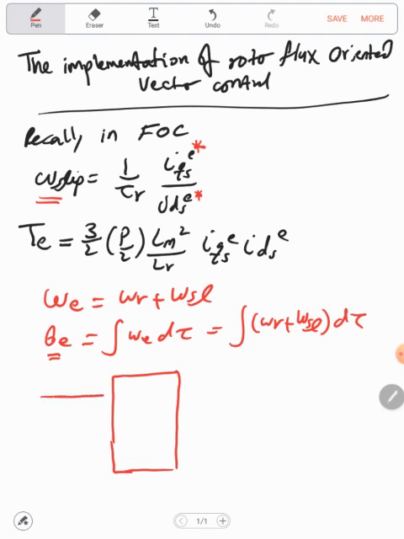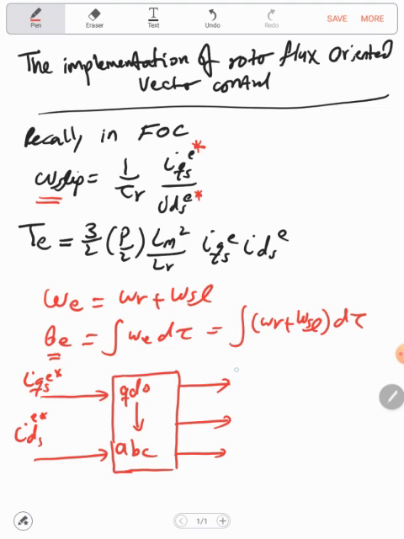So for example, if we can calculate the reference currents IQ SE reference, ID SE reference, we can use the transformation matrix from QD0 to the ABC in order to calculate the reference current in the ABC reference frame, or in the machine variable, let's say, IA star, IB star, IC star.